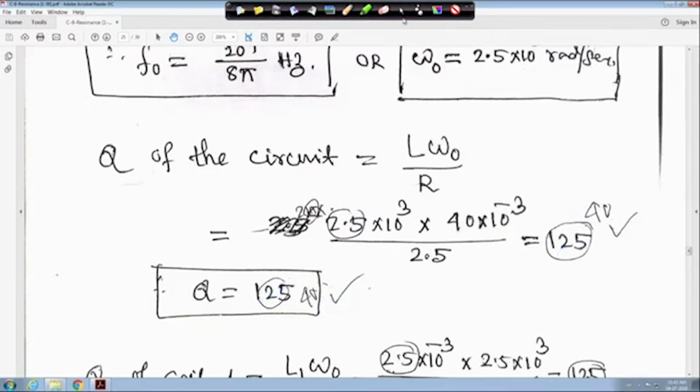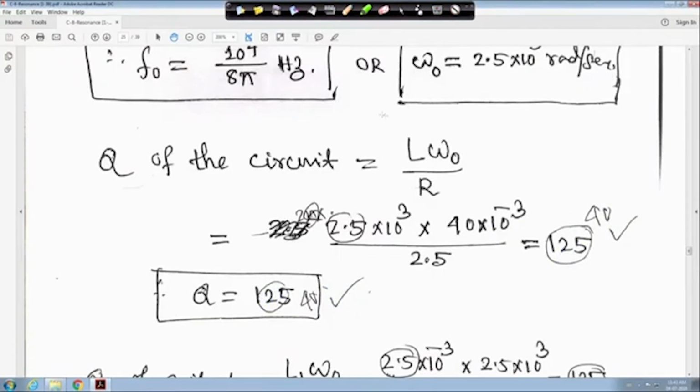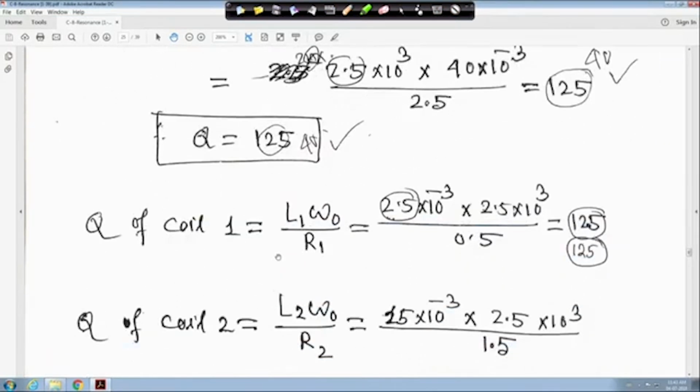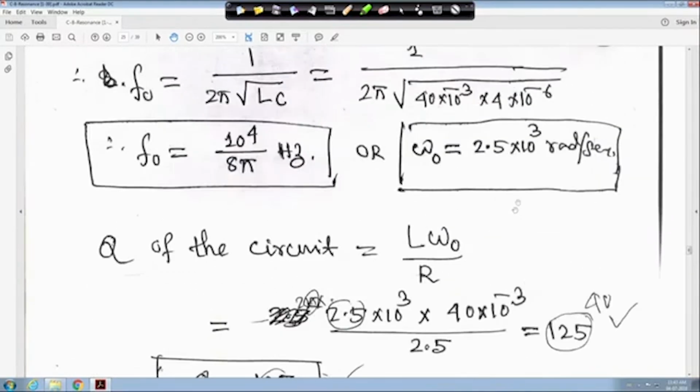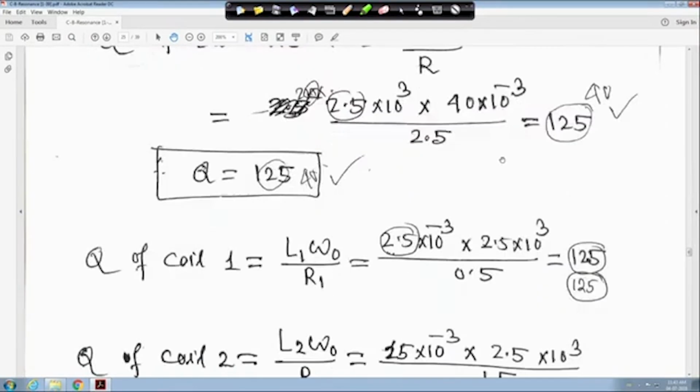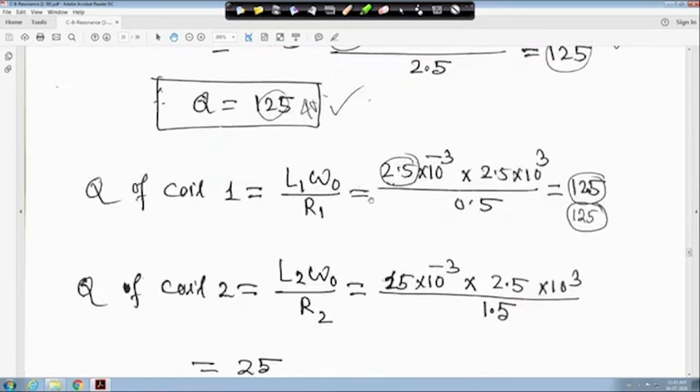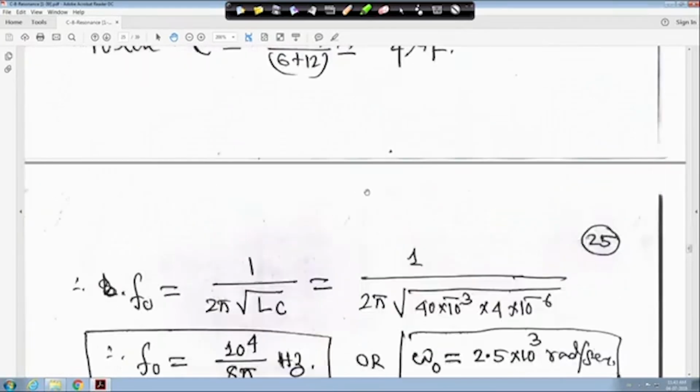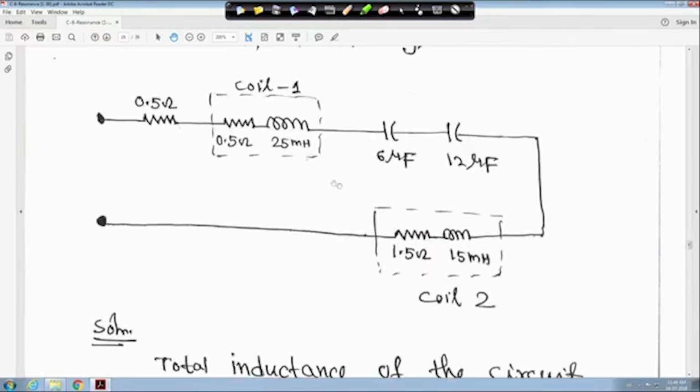So let me clear it. Then Q of coil 1 is L1 omega 0 upon R1. For the coil, omega 0 is equal to 2.5 into 10 to the power 3 radian per second, and L1 is 25 millihenry, right?